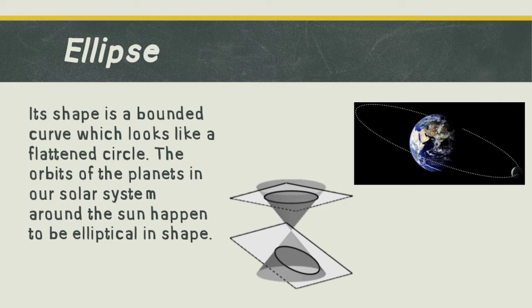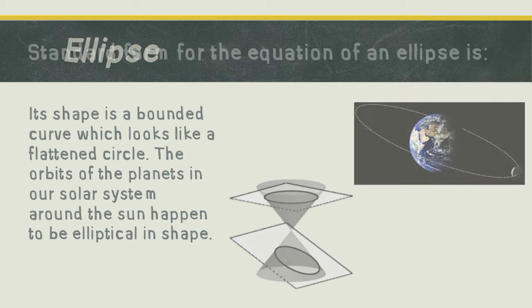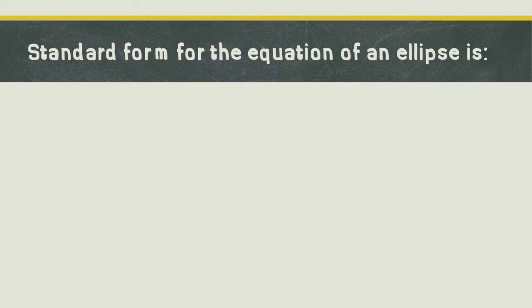And this cone represents ellipse, the one below. Standard form for the equation of an ellipse is x squared over a squared plus y squared over b squared equals 1, where a is greater than b.